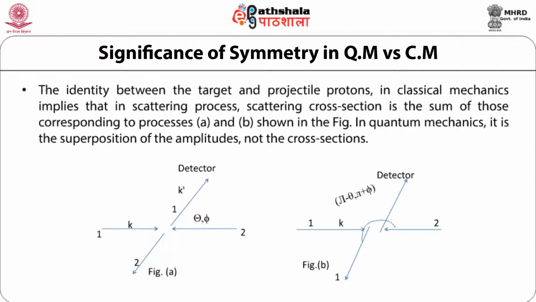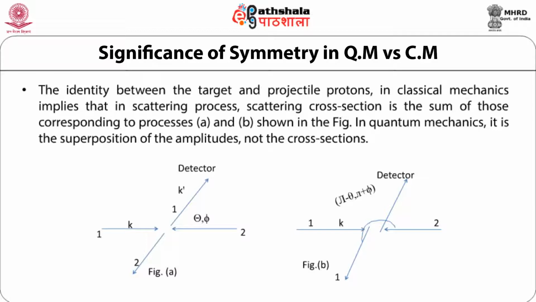Now in figure 2 we can explain this another way: the proton 2 and the proton 1 act either as target or projectile and get scattered. In this case, the proton 1 having initial wave vector k gets scattered with the wave vector k prime, while the proton 2 gets scattered in the other direction towards the detector.